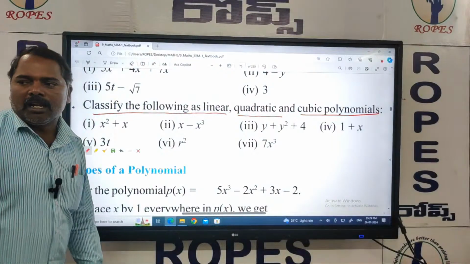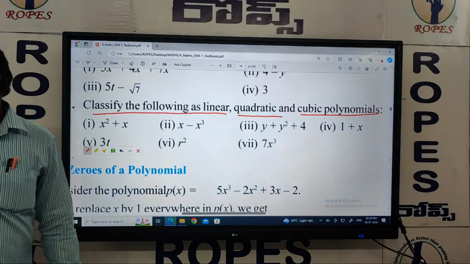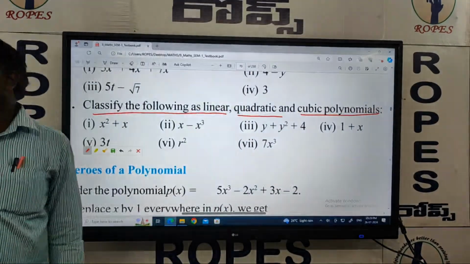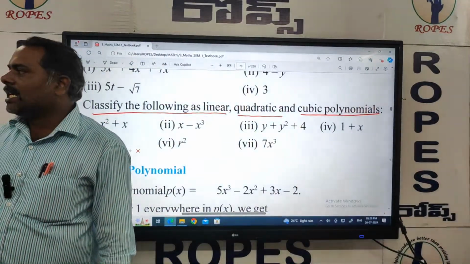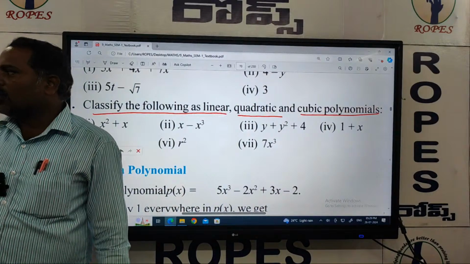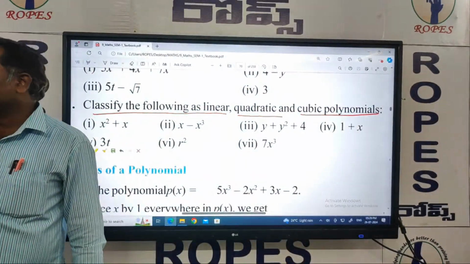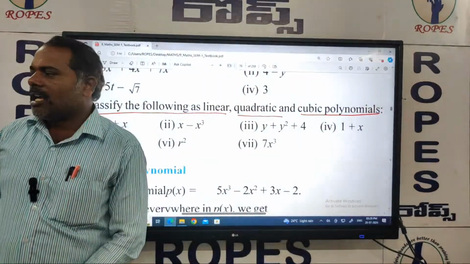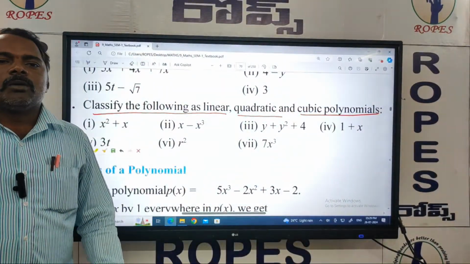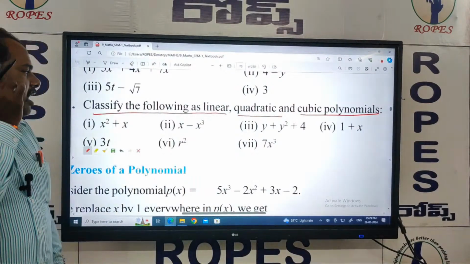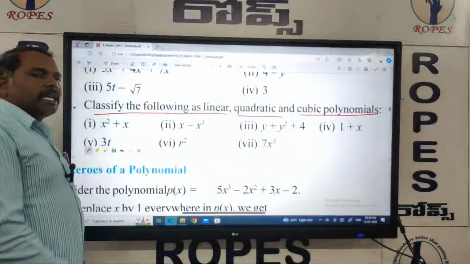If it is a linear polynomial, then the degree is 1, if it is a quadratic polynomial, then the degree is 2. If it is a cubic polynomial, then the degree is 3. So based on degree we can divide them into linear, quadratic and cubic polynomials.